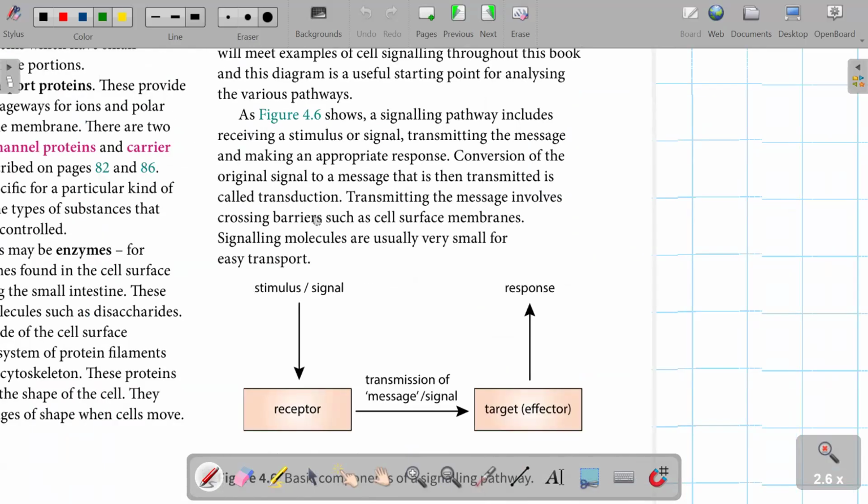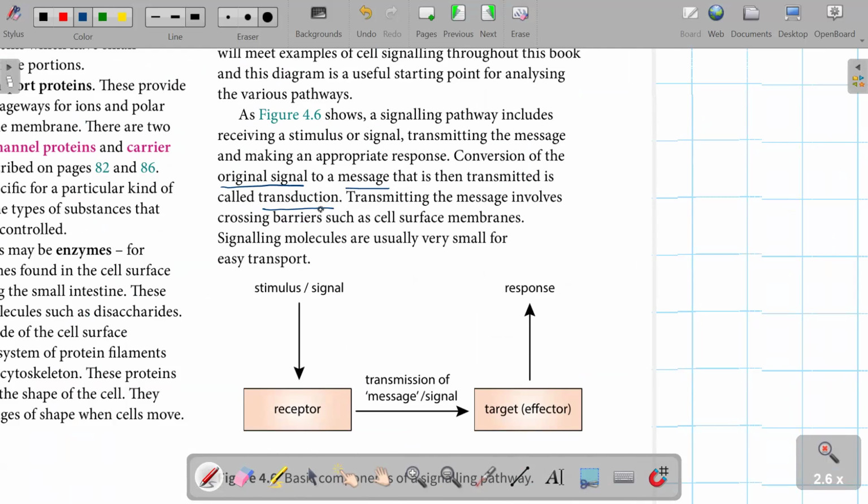So basically, I was telling you about the transduction process. Transduction is the conversion of the original signal into the message that is then further transmitted.